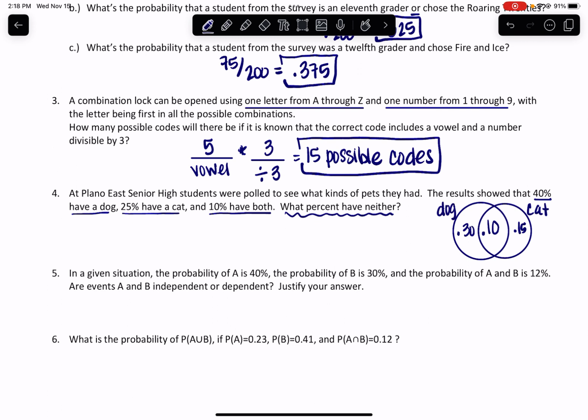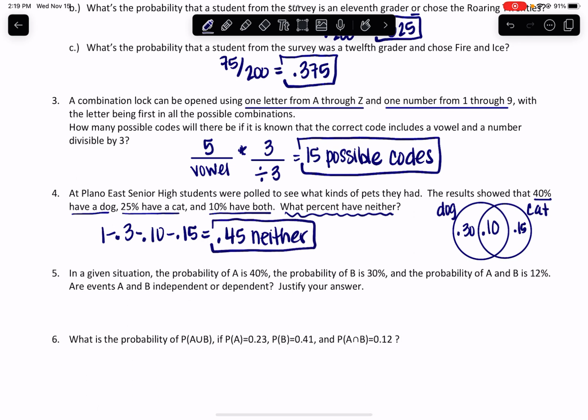If I want neither, they cannot fall in any of these categories. So you're going to do 1 minus 0.3 minus 0.10 minus 0.15. And you get 0.45 have neither. Okay.